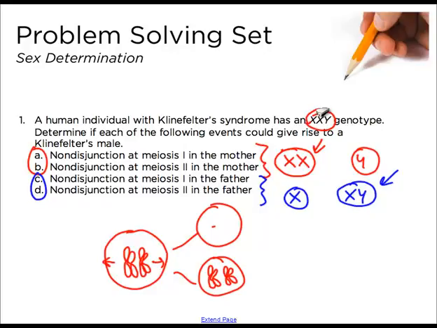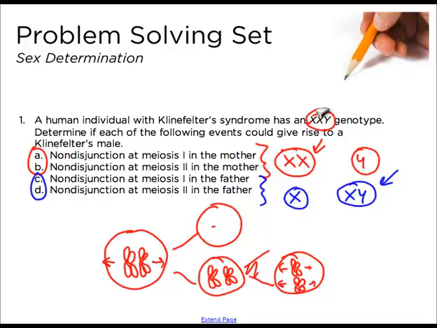And then, if that same cell undergoes meiosis 2, it's going to be strange, but let's think about what's going to happen. Normally, what should be in a cell at meiosis 2? Just this one. And the sister chromatids are going to separate, right? But now we have floating around this other X. So we're assuming meiosis 2 is going to go right.